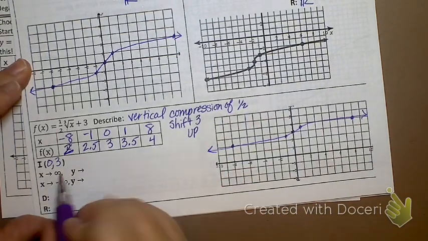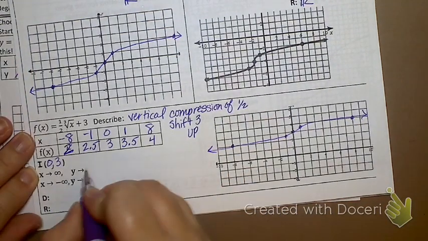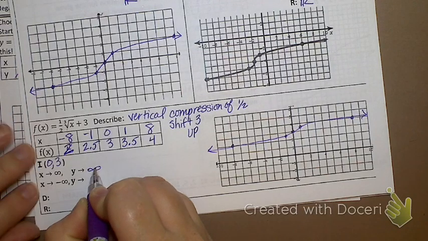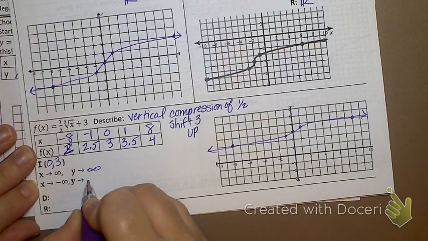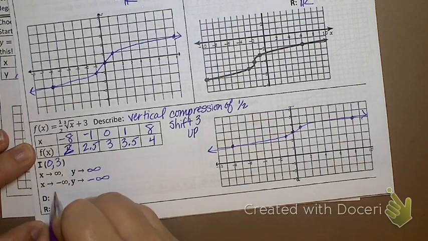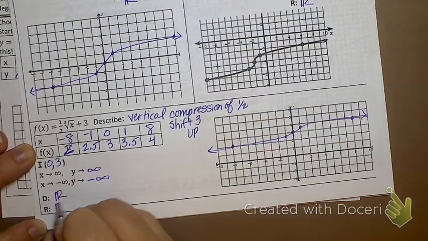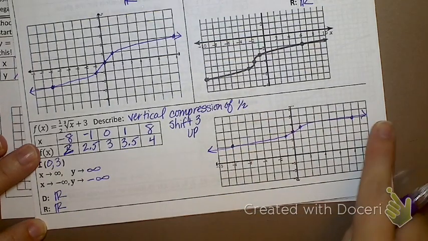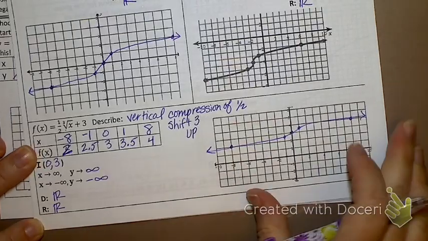All right, end behavior, what's going on the right? It's going up. On the left, it's going down. Domain and range? All real numbers. Because it goes forever to the left, forever to the right, that's my domain. Forever up, forever down, that's my range. Okay? All right, turn the page.